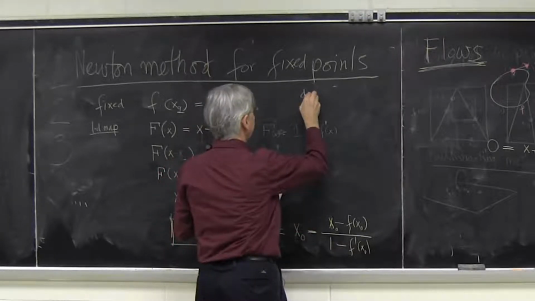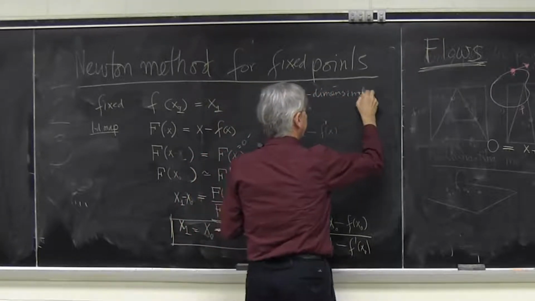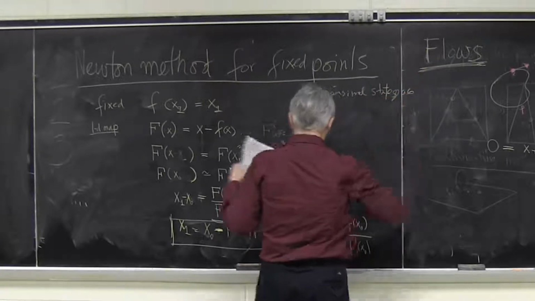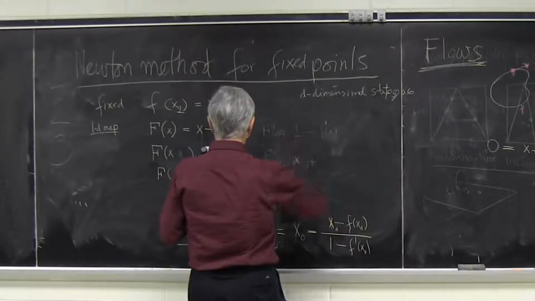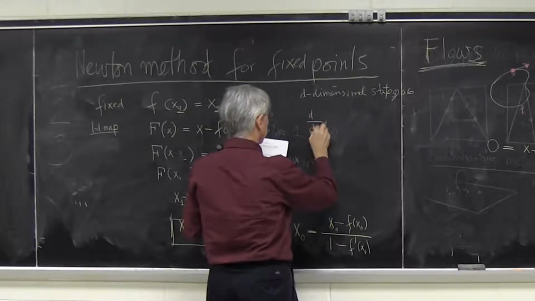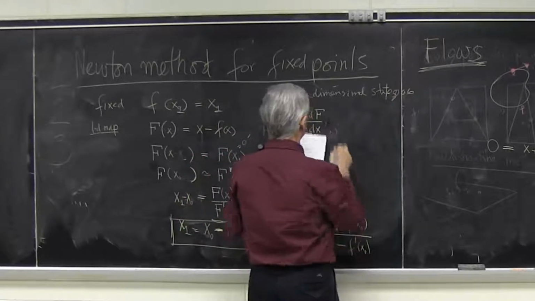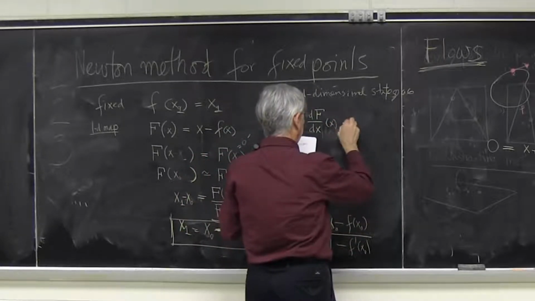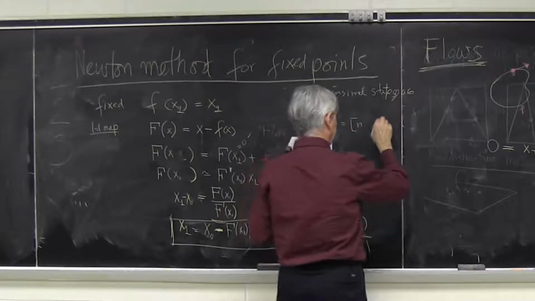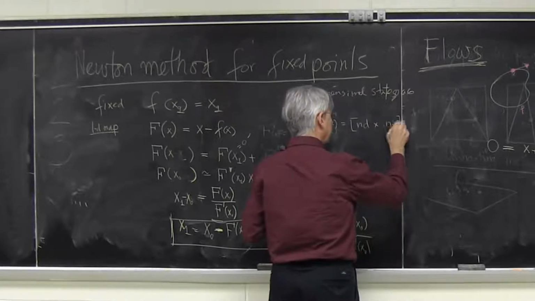So if it's d-dimensional state space, then everything looks like multi-shooting was looking before, but now the matrix that we had to compute is n cross n for every point, and then every point is d-dimensional.